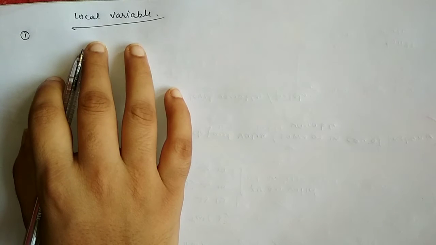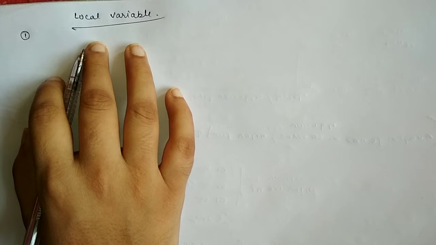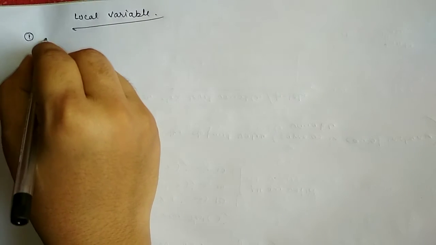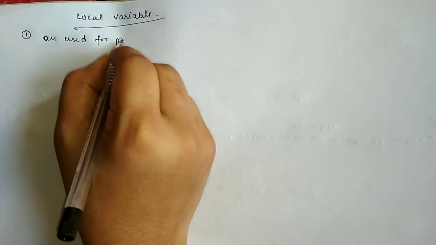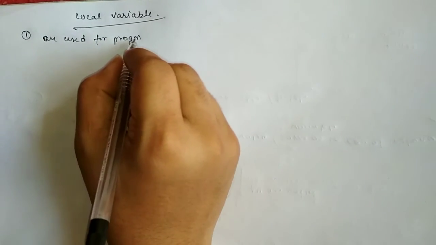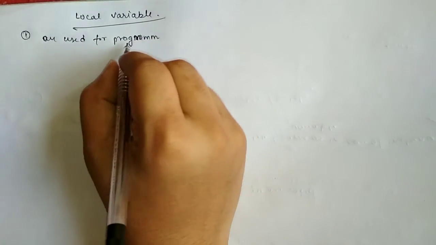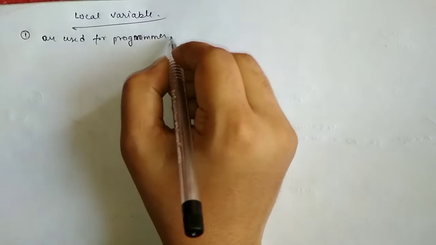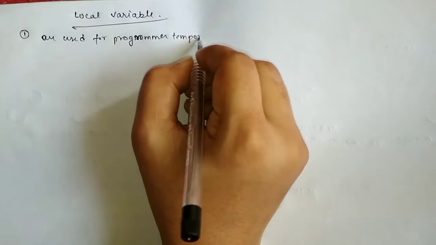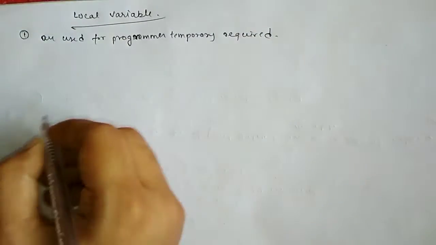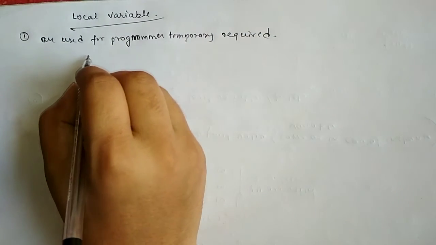If we want a temporary requirement of a variable, we can declare a local variable. So local variables are used for the programmer's temporary requirement.